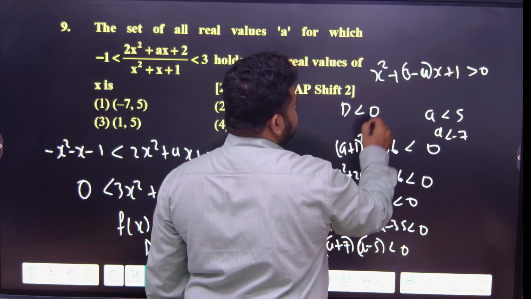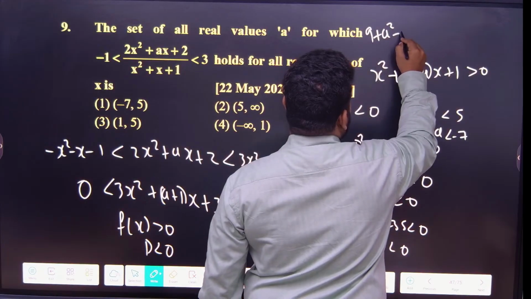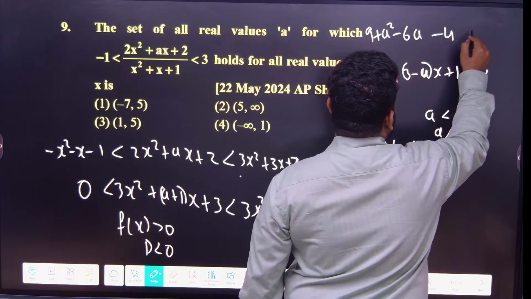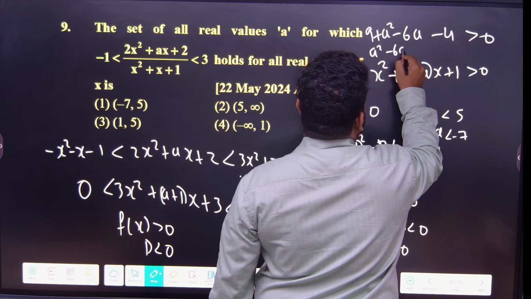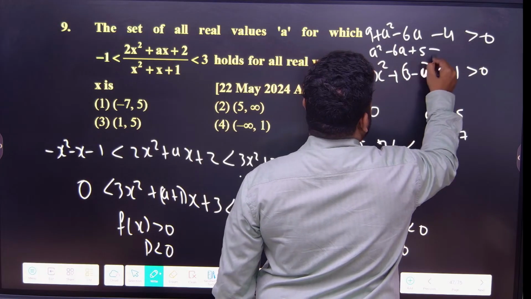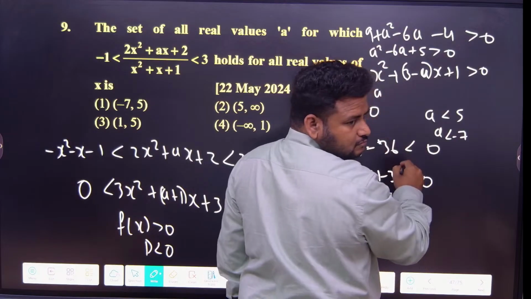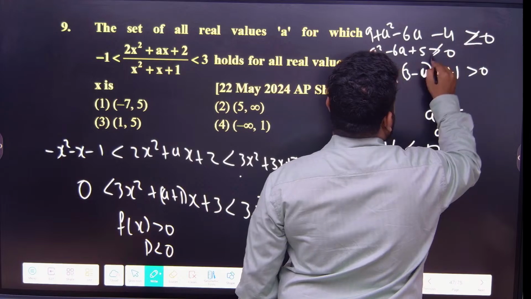Find the discriminant of this: 3 minus a whole square, that is 9 plus a square minus 6a, minus 4 is less than 0. Okay, it should be less than 0. So a square minus 6a plus 5 is less than 0.